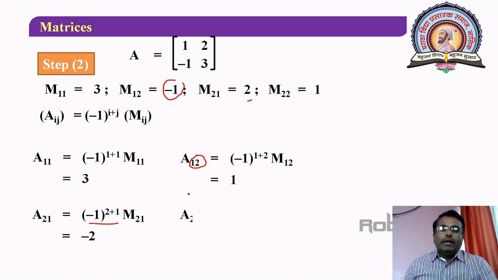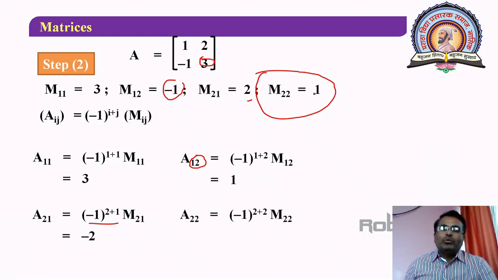And A22, that is the cofactor of this element A22, is equal to minus 1 raised to 2 plus 2 M22. M22 is 1, and minus 1 raised to 4 is positive. So therefore it is only 1.